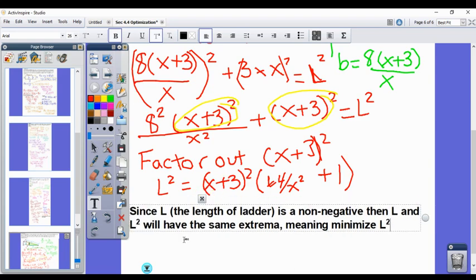That means we need to take the derivative of this. Woo, that's going to be fun.